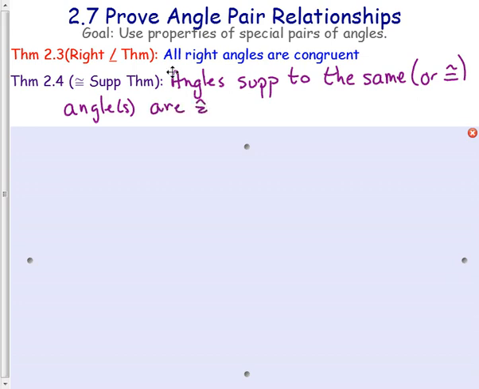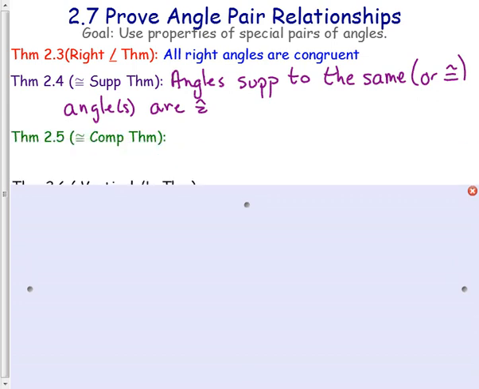Basically what this is saying is if you have two angles that are congruent or are supplementary to the same angle, they're congruent, or if they're supplementary to angles that are congruent, they are also congruent. It also works for complementary angles.